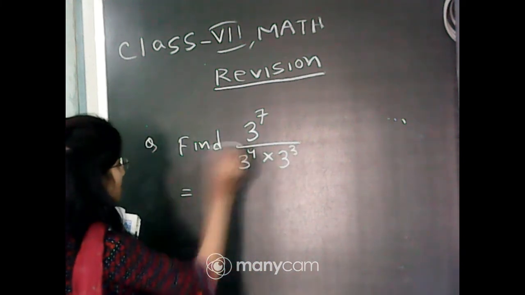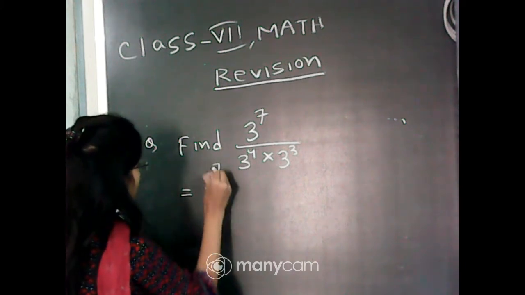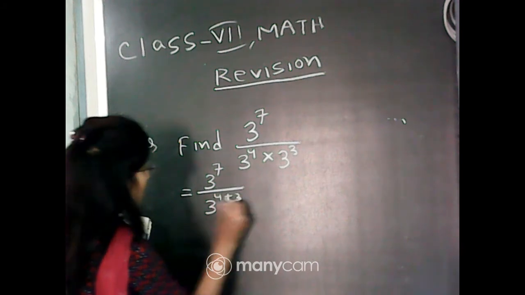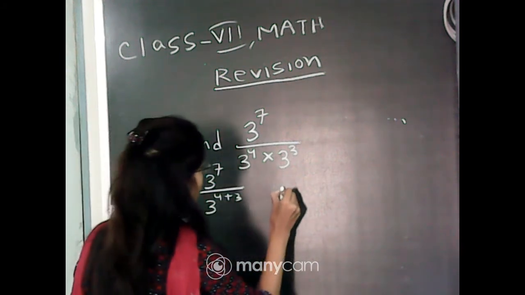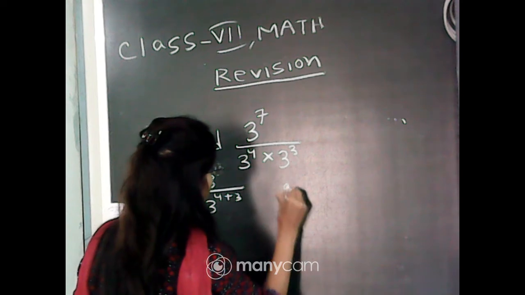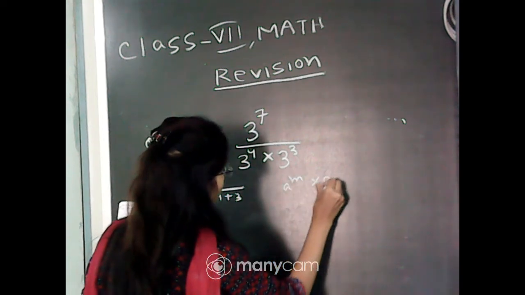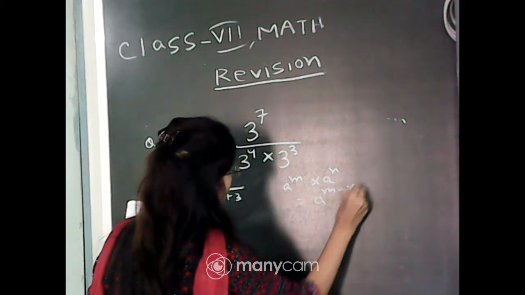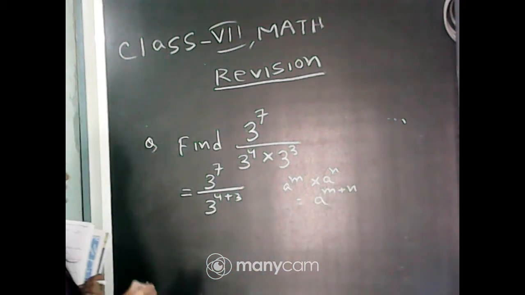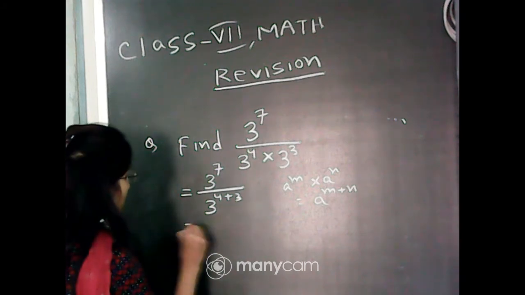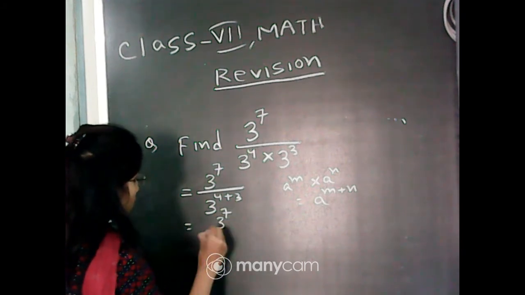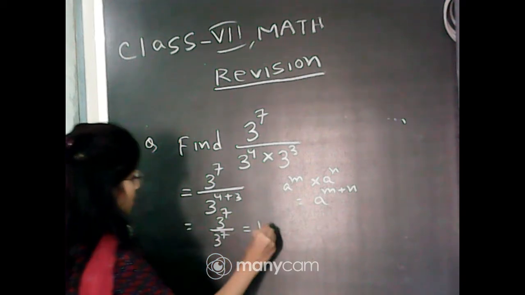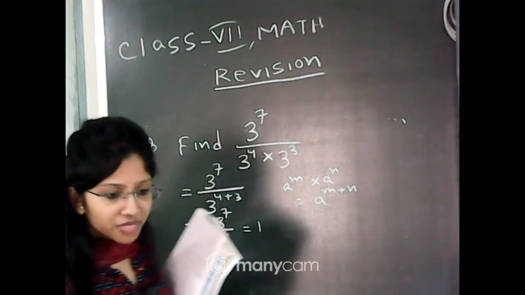We can write this as 3 to the power 7 divided by 3 to the power 4 plus 3, isn't it? Since we have from the laws of exponents a to the power m into a to the power n is equal to a to the power m plus n, where a is any non-zero integer and m, n are whole numbers. So this is equal to 3 to the power 7 divided by 3 to the power 7, and the answer is 1, isn't it?